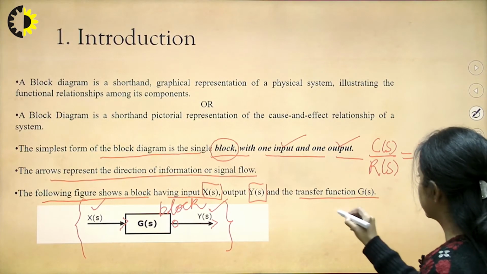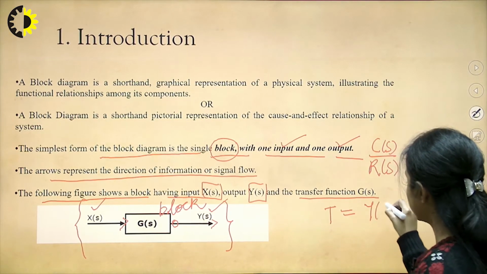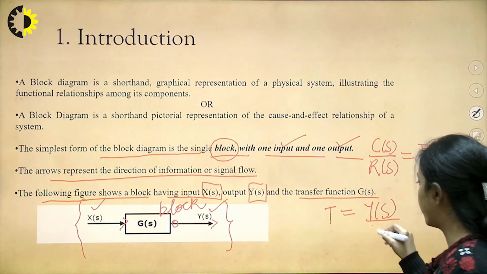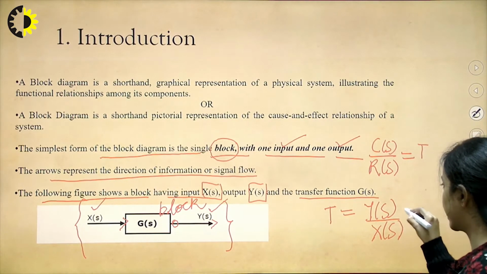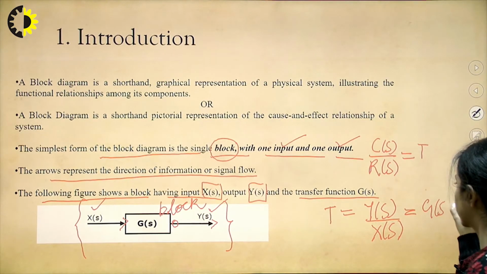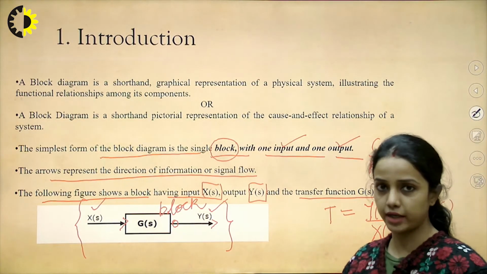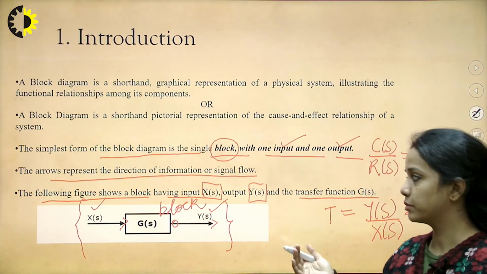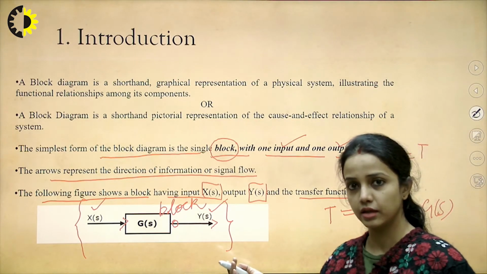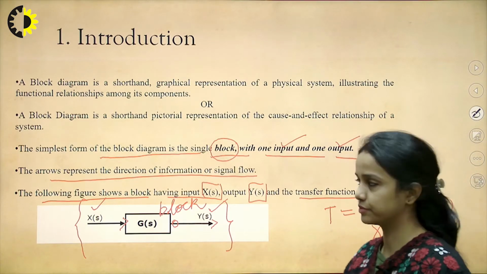So, here this transfer function is represented specifically in present diagram by Y(s) upon X(s), and presently the overall transfer function can be reduced as G(s) in the present diagram. So, this is the simplest possible block diagram which we are having, consisting of one input, one output and a block, the block having a gain which is G(s).